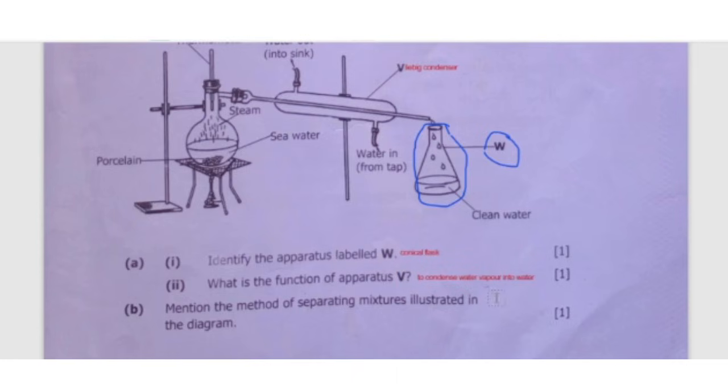So water vapor is in the form of gas. When it comes like this, you find that it becomes liquid. So if you write it's to convert water vapor into liquid, the answer is correct. Or to condense gas into liquid, this answer should be acceptable.